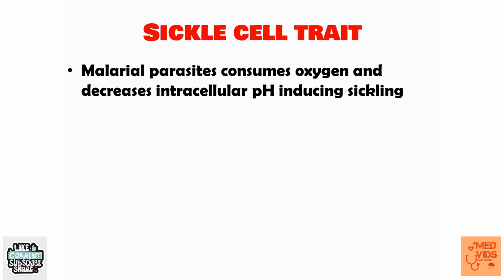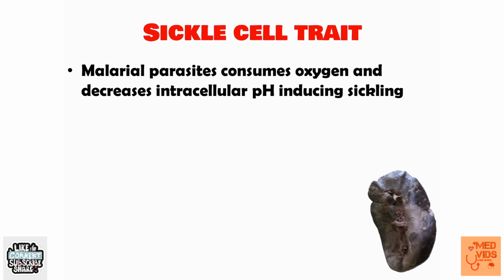So when malarial parasites infect them, they consume the oxygen in their RBCs and decrease their intracellular pH, which favors sickling of RBCs. And once sickling happens, these abnormal RBCs containing malarial parasites are cleared off by the spleen of those patients. Okay, so that's how malaria is getting cleared.